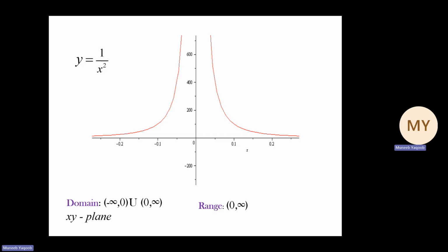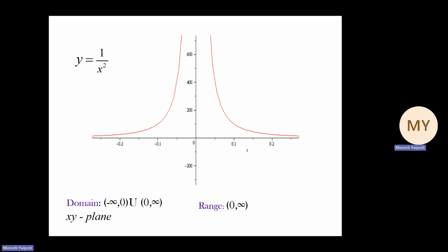In contrast to this, if we consider the maximum height of this graph, you can see that as we approach closer and closer to the y-axis, the height of the graph increases exponentially. So at the y-axis, its height becomes infinity, becomes very huge.